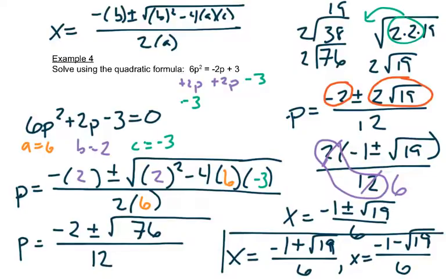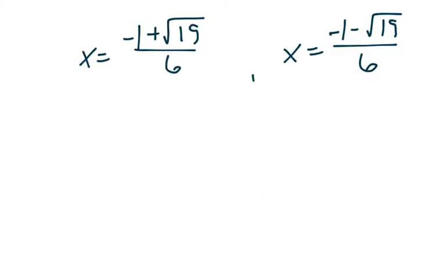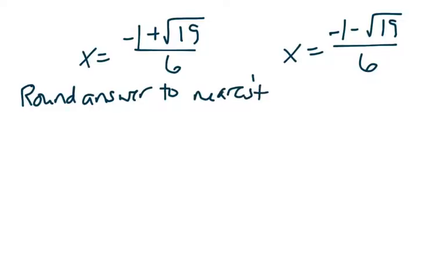Now let's talk about this for a minute. Let's look at how that ends up as a decimal. So these are our answers. Pretend for a minute that the directions asked us to round our answers to the nearest, let's say, hundredth.